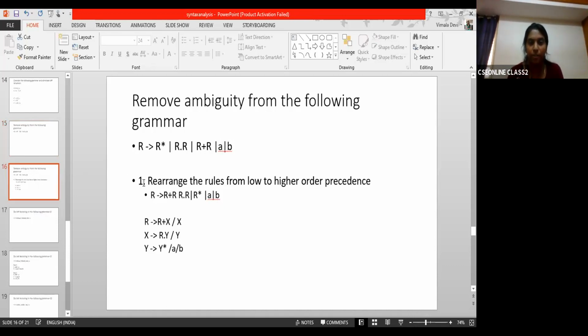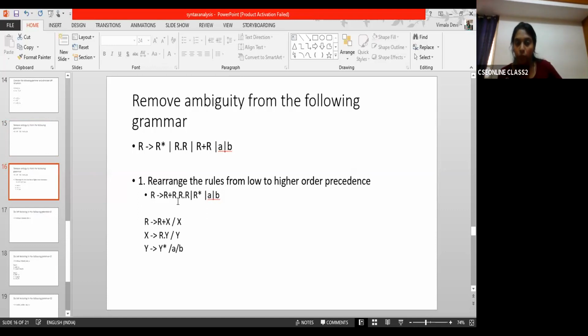First, look at the first point. First thing, we are rearranging the rules from the lower order precedence of operators to the higher order precedence of operators. The reason you know already; we discussed it in the previous class.